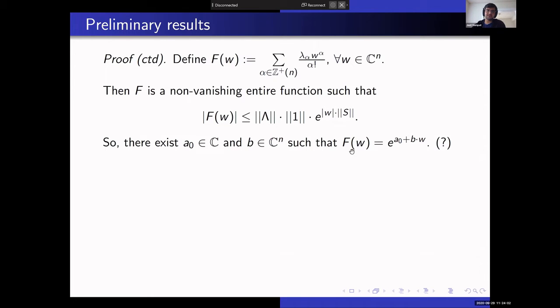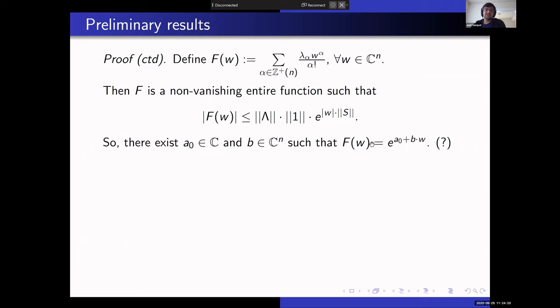You just have to consider one variable slices. Instead of w, you can put lambda w, and then look at this whole thing as a function of lambda and use the one variable result, and it works out nicely. So I'm going to skip the details because it's technical and not very fun, to be honest.